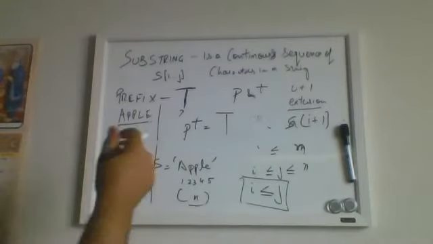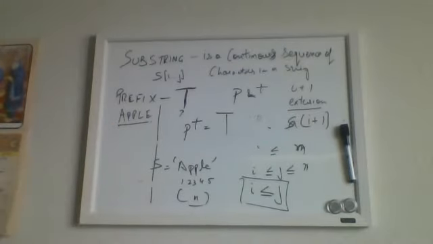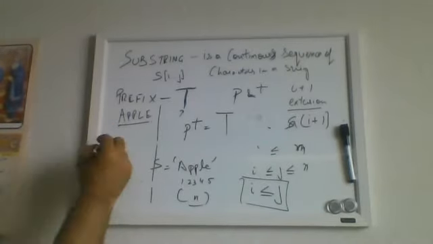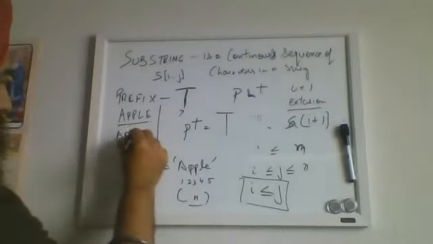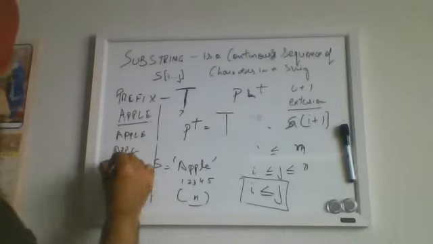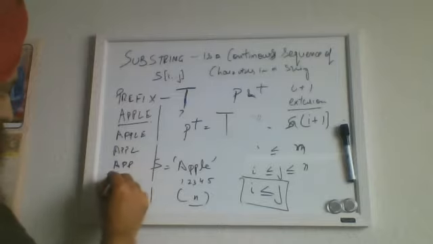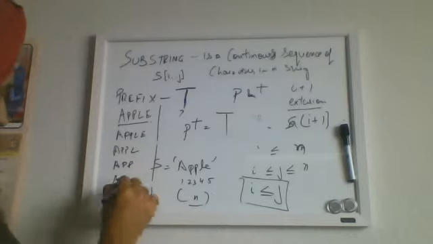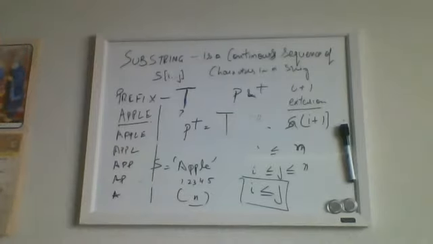So going by this definition, let's pick up the same word again, apple. Prefixes of this would be apple, the whole word, then appl, app, ap, and a. So this is what a substring, prefix, and suffix are.